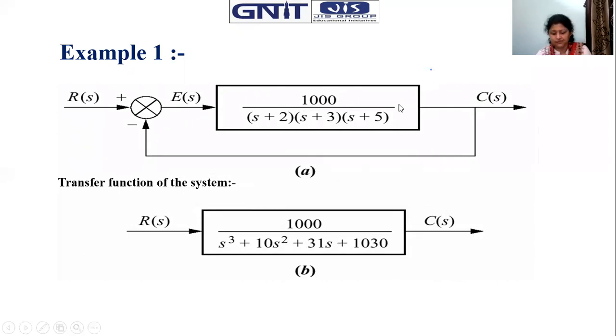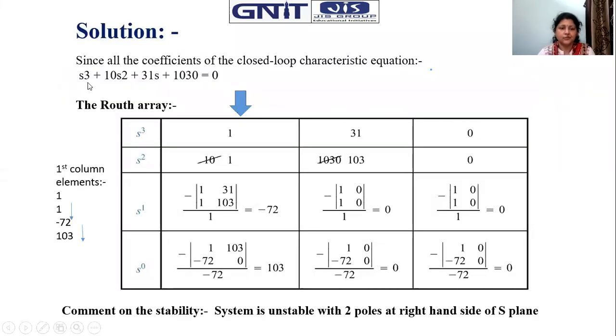Now let's see how to build the route table. This is the characteristic equation, the denominator polynomial: s cube plus 10s square plus 31s plus 1030 equals 0. Accordingly, for the first column we take s cube, then s square, then s to the power 1, then s to the power 0, so there is no other index of s.